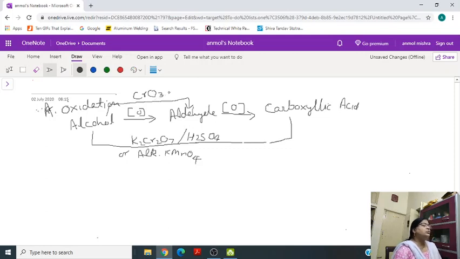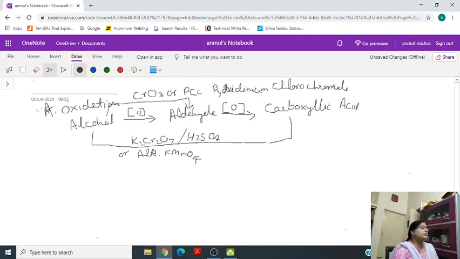We can also use PCC. PCC is pyridinium chlorochromate.